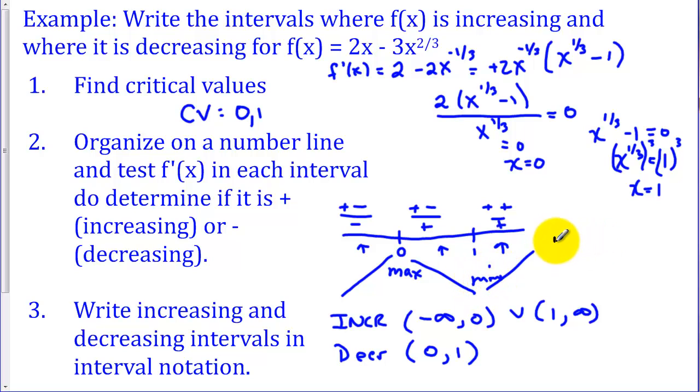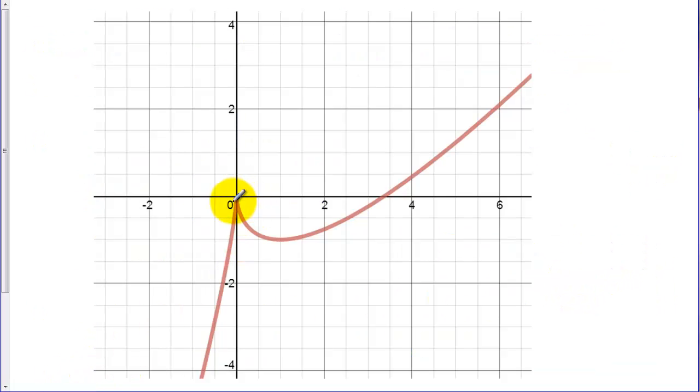So our coordinates for our max are at 0, comma, and if I put 0 in here, I've got 0 minus 0, so it's 0, comma 0. And our min is at 1, comma, and if I put 1 in here, I've got 2 minus 3, I got negative 1. And again, if we look at our graph, this is a max, it's at 0, 0, and this was our min right here, and that's at 1, negative 1.